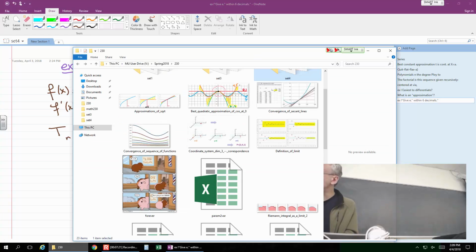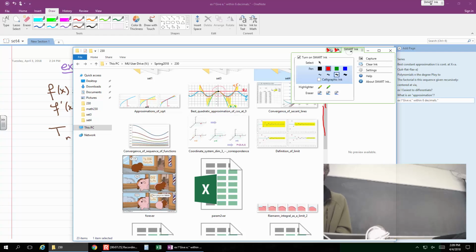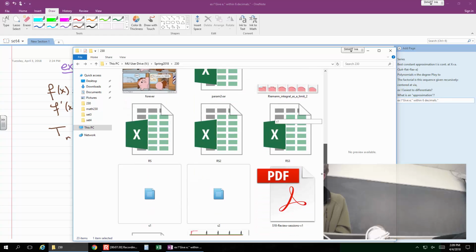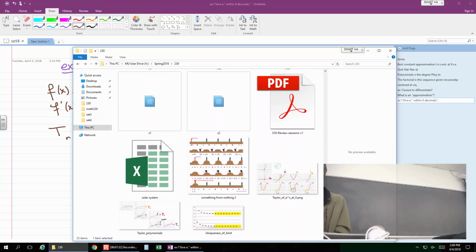So once again, let me take you to that picture of the approximation of the exponential function. This is the one.